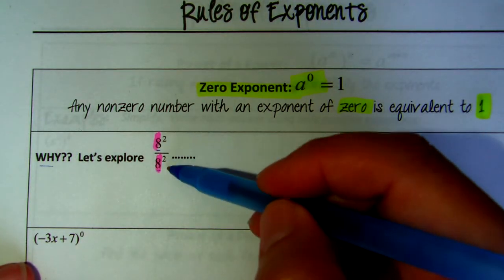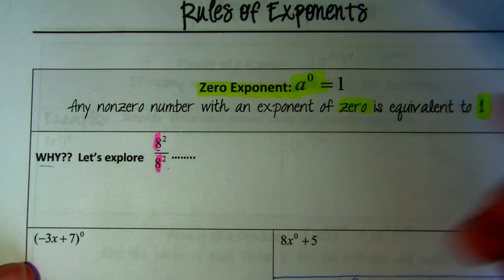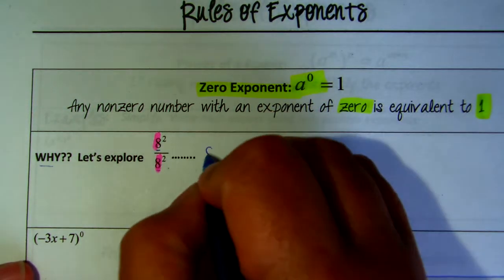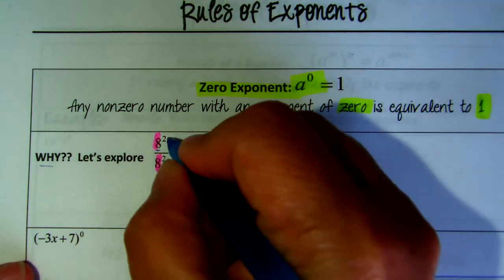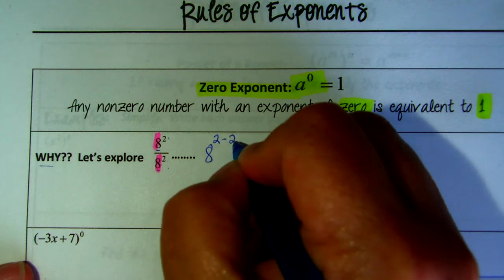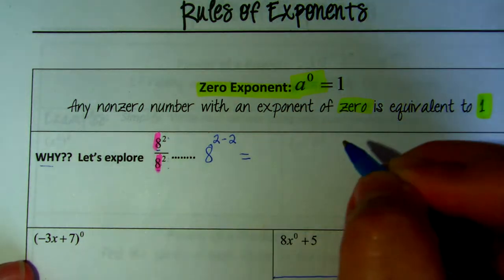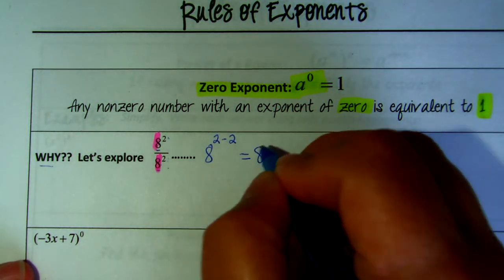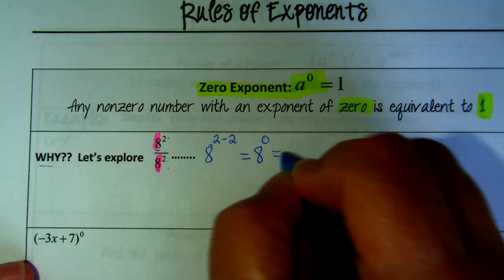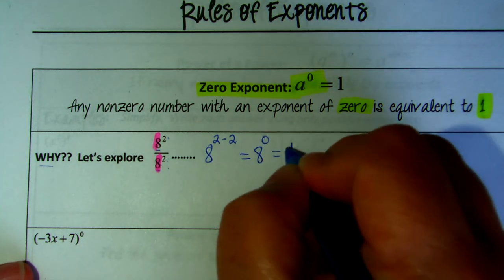When you divide, you subtract the exponents. So, if 8 is the same base and you subtract the exponents, you would have 2 minus 2. And this will give you 8 to the power of, what is 2 minus 2? 0. And this gives you 1.